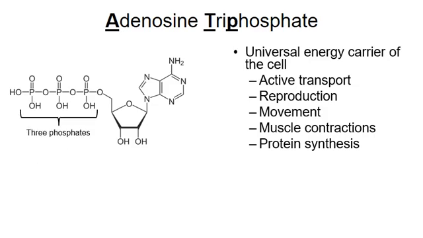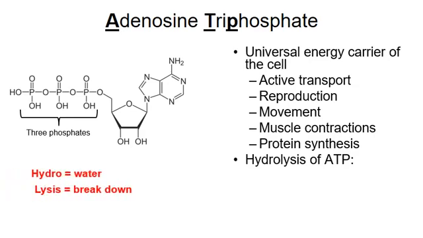Notice how there are three phosphates, and in the bonds of these three phosphates, particularly between the second and third phosphate, is energy. And in the hydrolysis of ATP, if you've forgotten, hydro means water and lysis means to break down. So the breakdown of ATP with water will yield ADP, a single phosphate, and energy.